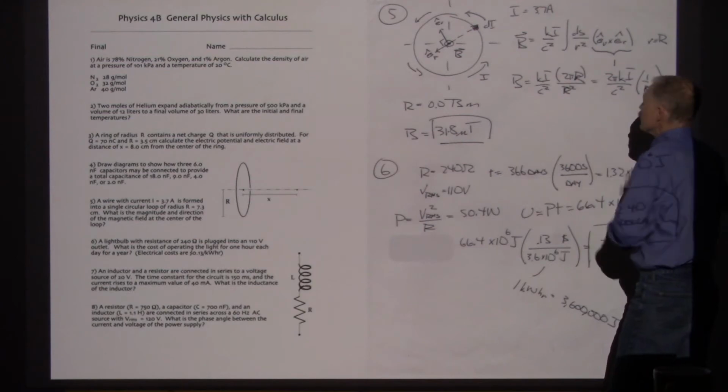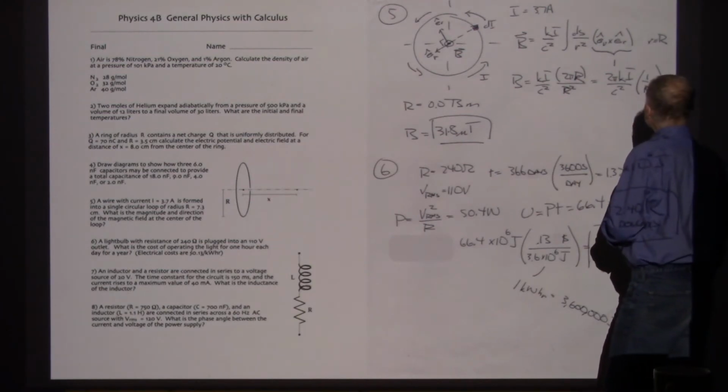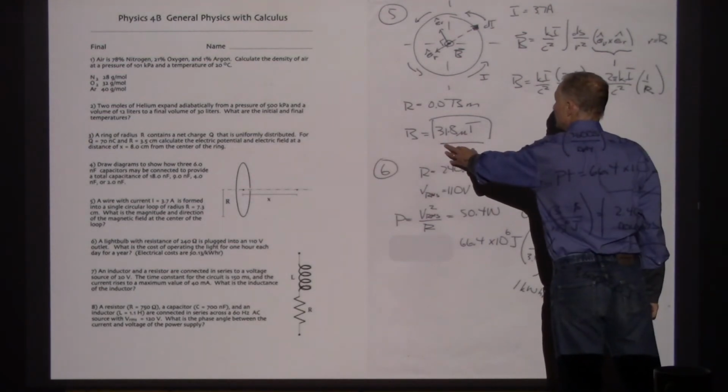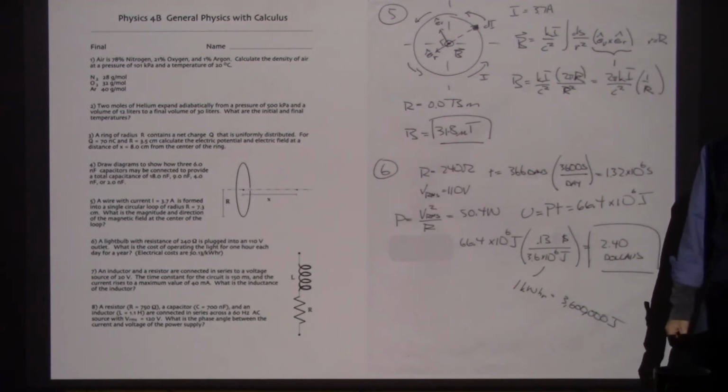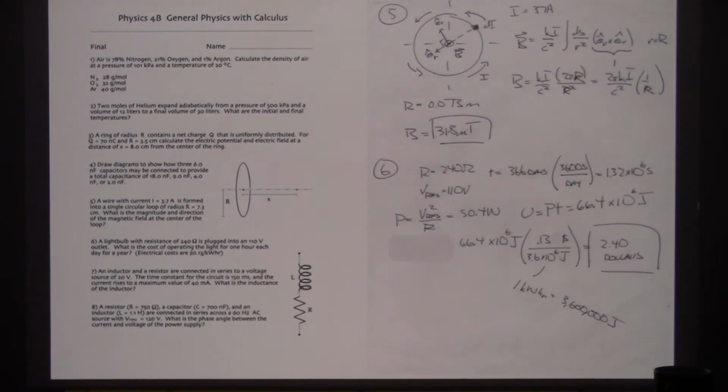Putting all those numbers in, I ended up with a magnetic field of 31.8 microtesla. All right, questions on any of that? Okay. Any questions at all, stop by office hours.